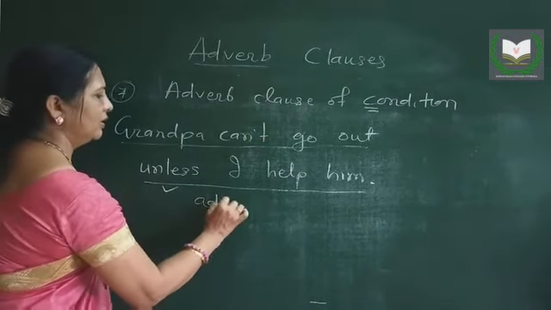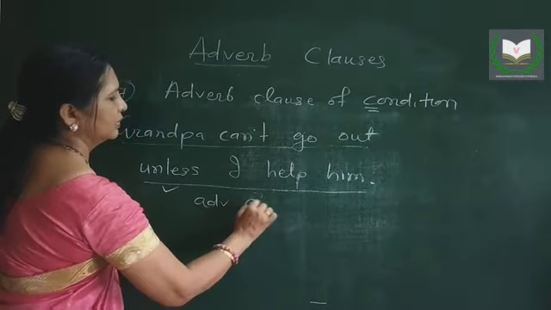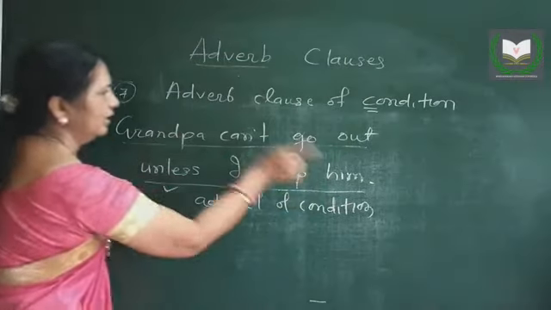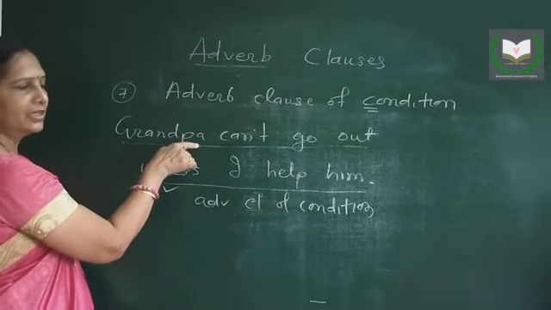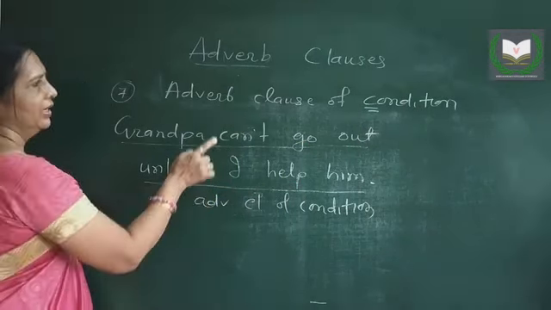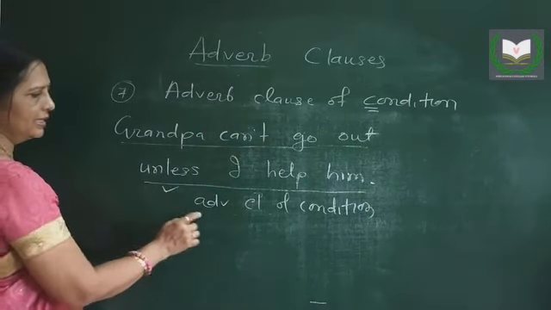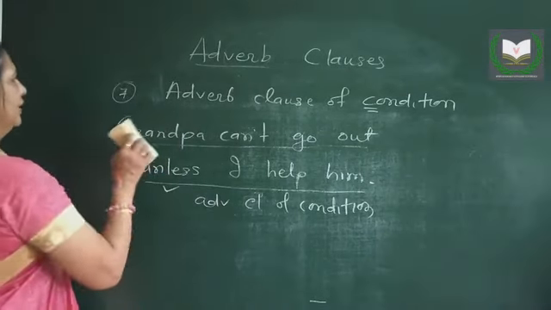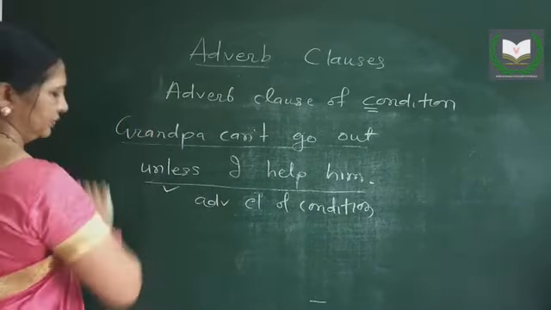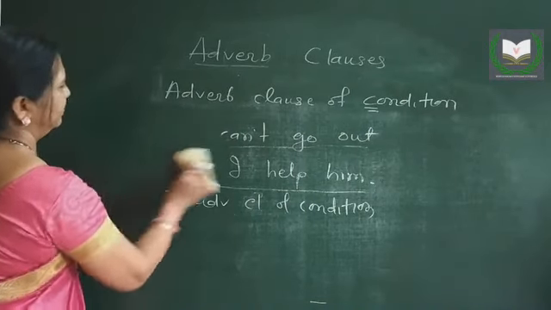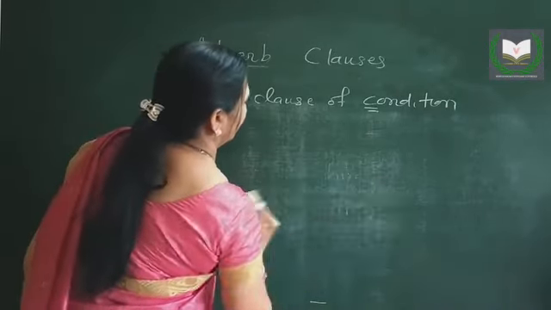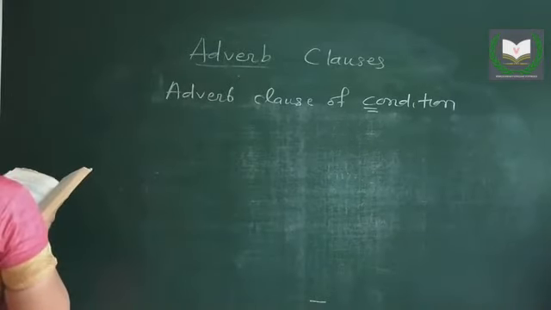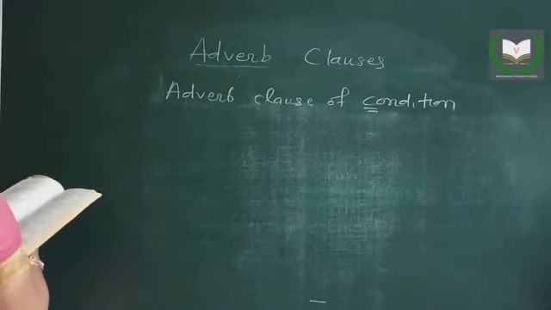का बरं म्हणतो आपण याला adverb clause of condition? It shows condition. मी मदत केली तर ग्रँडपा बाहेर जातील, नाहीतर नाही. So there is the condition and we use if or unless for construction of such a type of sentences. The next type is adverb clause of result.